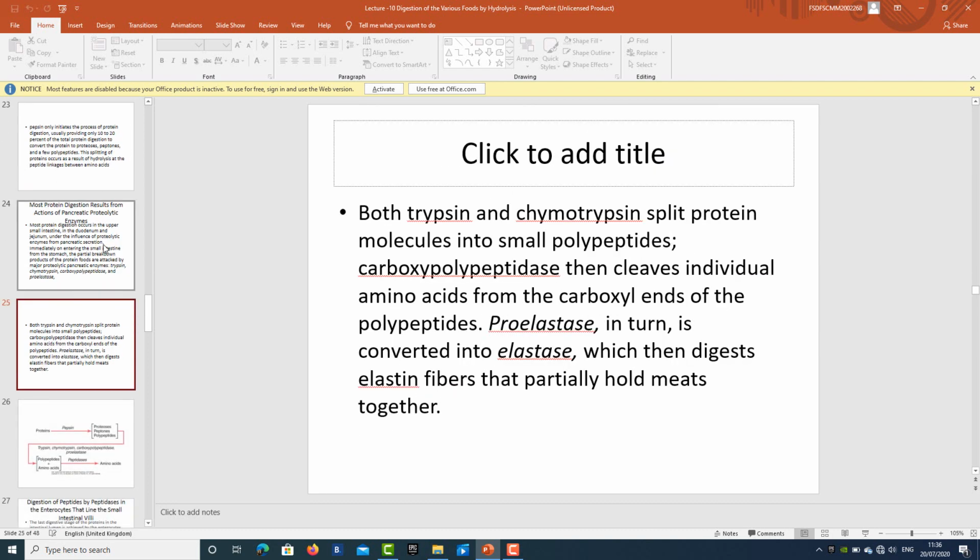Both trypsin and chymotrypsin split the protein molecules into small polypeptides. Carboxypolypeptidase then cleaves individual amino acids from the carboxyl ends of the polypeptides. Proelastase, in turn, is converted into elastase, which then digests elastin fibers, which partially hold meats together.